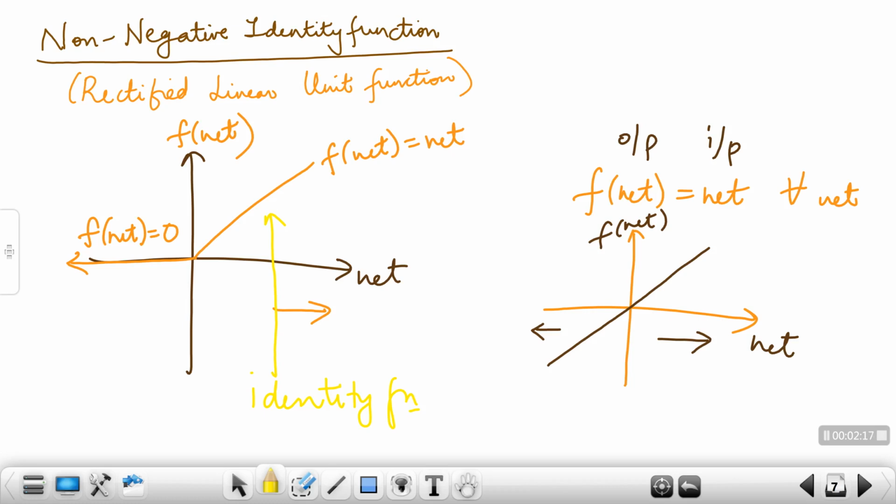A rectifier, wherever there is a positive half cycle and a negative half cycle, removes the negative and keeps only the positive half cycle. Similarly here, the negative values are removed and only the positive values are kept. That is the reason it is called the rectified linear unit function. The short form is ReLU.